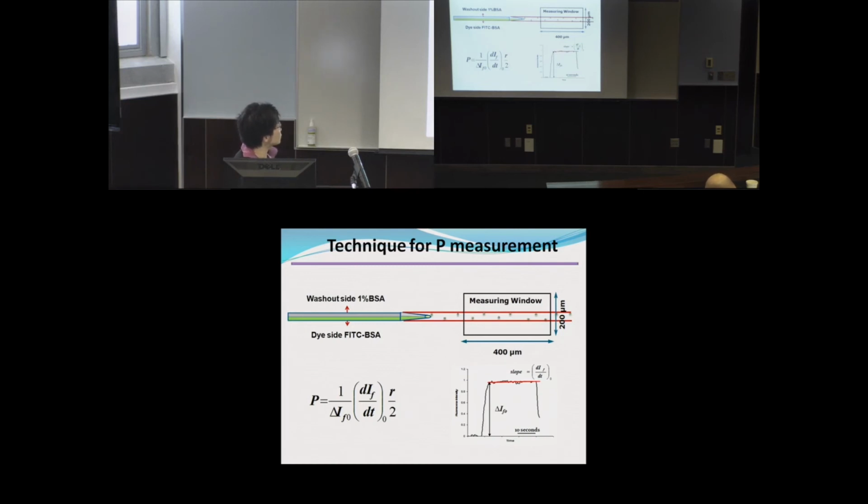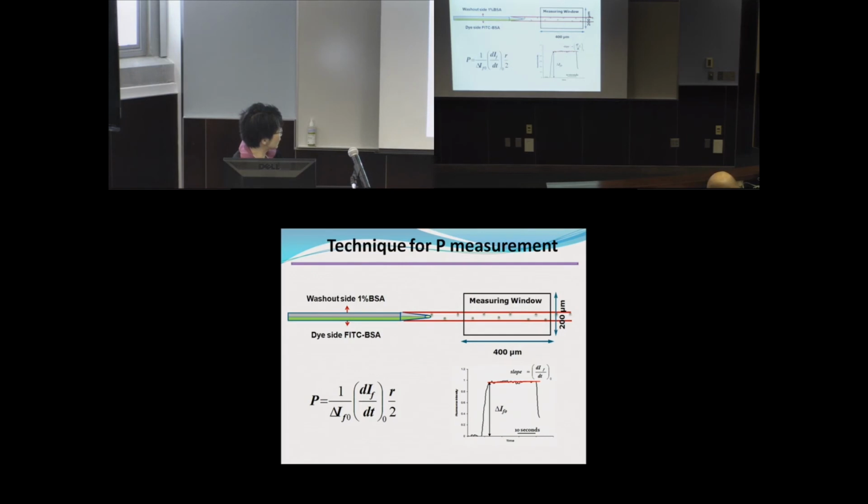This one is where we measure solute permeability, the microvessel wall permeability to a solute. So here is the vessel. On top of the vessel, we have a measuring window. We still use the micropipette, and then we inject the dye, and we see the step increase of the fluorescent intensity in this measuring window.